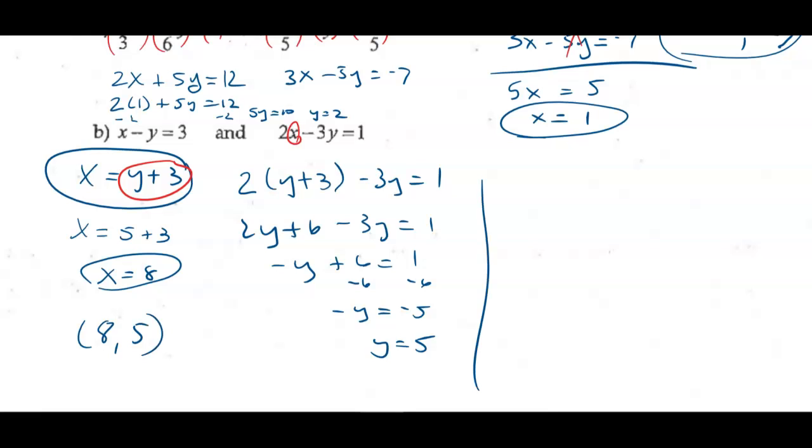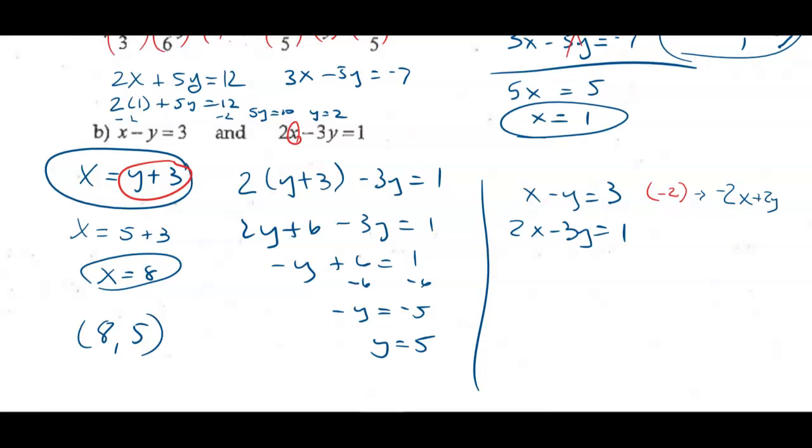You can also do elimination. Take a look. And here you get to choose. Notice if I simply multiply this top one by negative 2, I would get negative 2x, negative 2 times negative y.